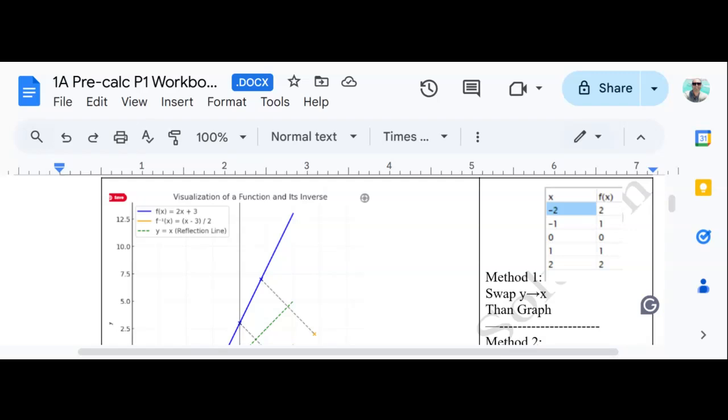Finished, and 1.6 is finished. 1.7 transformations, finished. And combination of functions, and this one, right? Inverse, 1.9. Yes, inverse function. So we finished all these PowerPoints. So far so good, right?